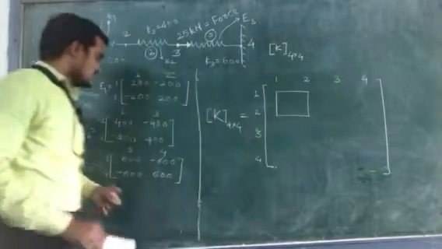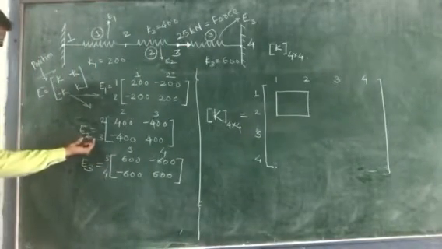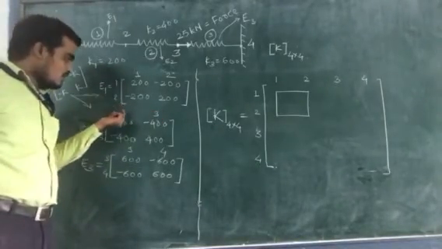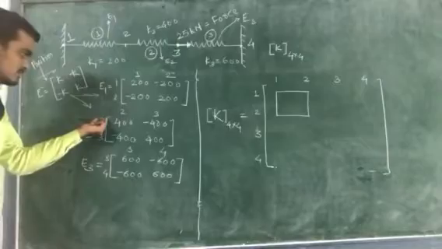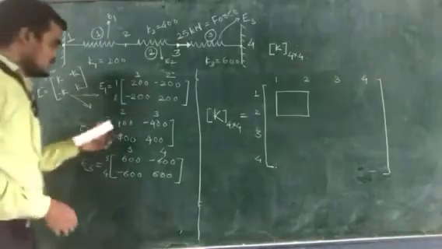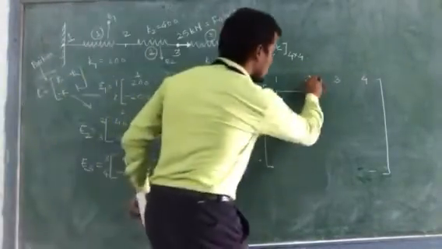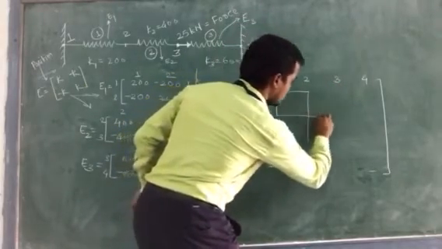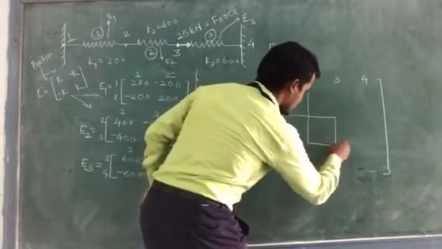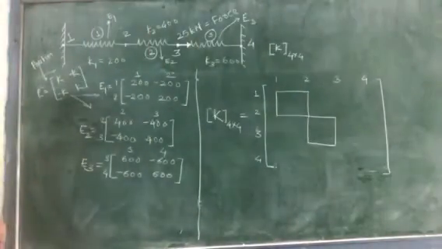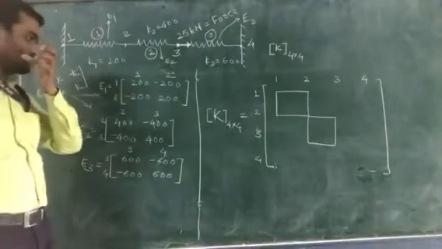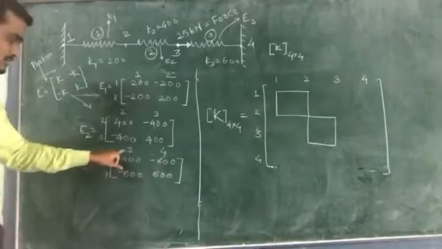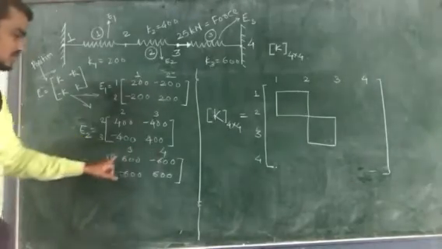So write down the values of these elements over this block. Similarly, the position of element 2 is in between node 2 and node 3, meaning between columns 2 and 3 as well as rows 2 and 3. So write down E2 in between node 2 and 3. Similarly, element 3 is positioned between node 3 and node 4, third and fourth column, third and fourth row.